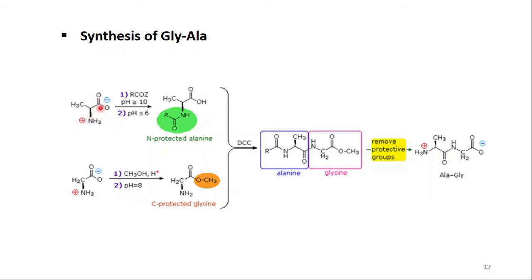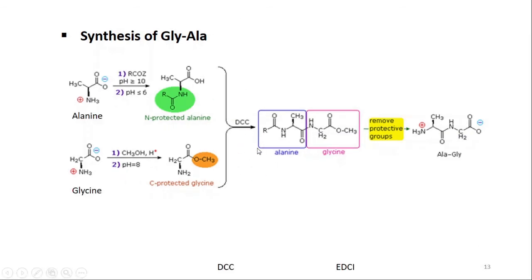Alanine, you have to protect either COOH or NH2, and again here in the glycine you have to protect either COOH or NH2. If you are protecting NH2 here, then you have to protect COOH here, because for the coupling reaction we use DCC, which is a coupling reagent.